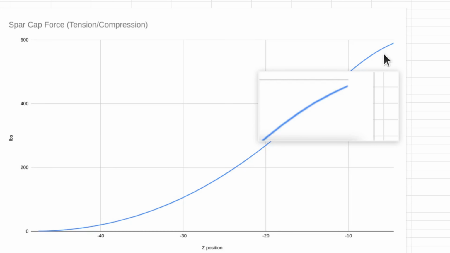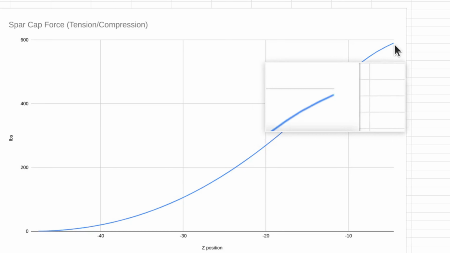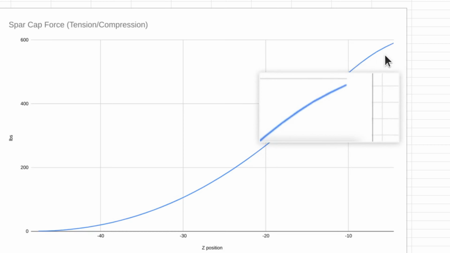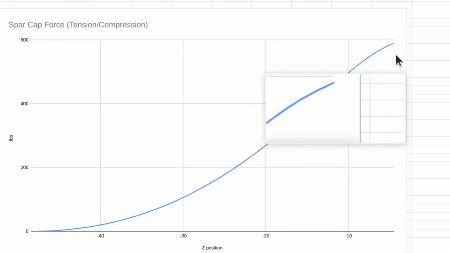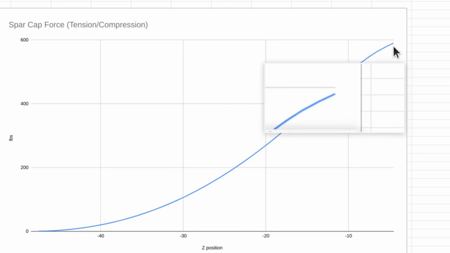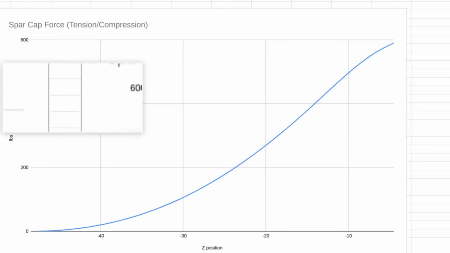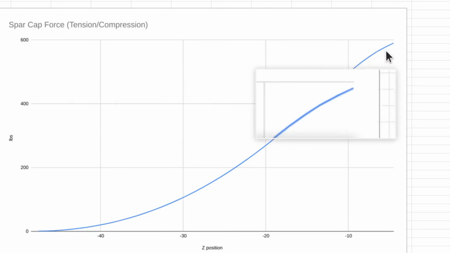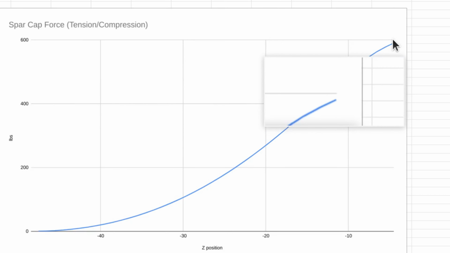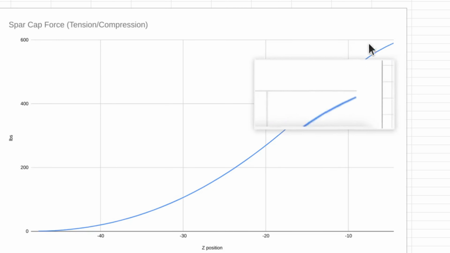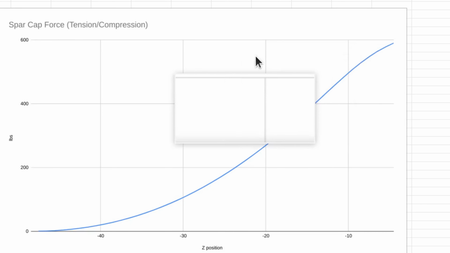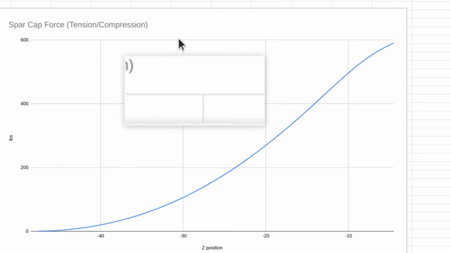Now, given the load distribution that we have on this tail, I guess that makes sense. But let's talk about the absolute value. So down at the root, given that big bending moment, we have almost 600 pounds of tension and compression in those spar caps. And again, in the future, I'm going to have to divide that between the vertical stabilizer and the rudder.